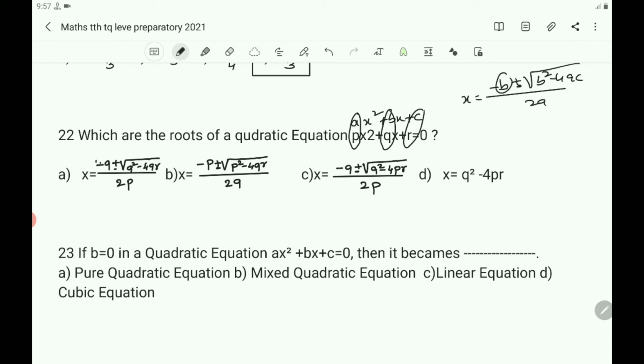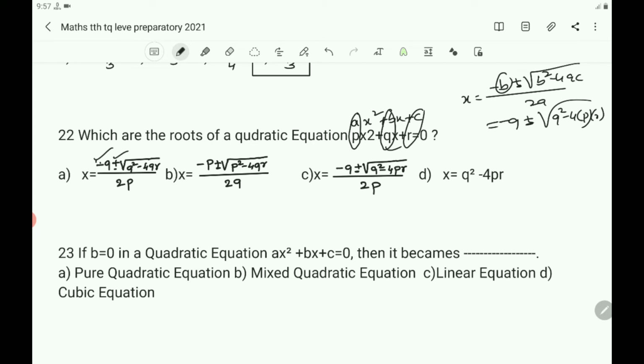So in the place of b, what must be there? Q must be there. So write minus q plus or minus root of q square minus 4 into a means p, c means r here. So it must be minus q. Where is minus q? Here is the minus q. Plus or minus is there.